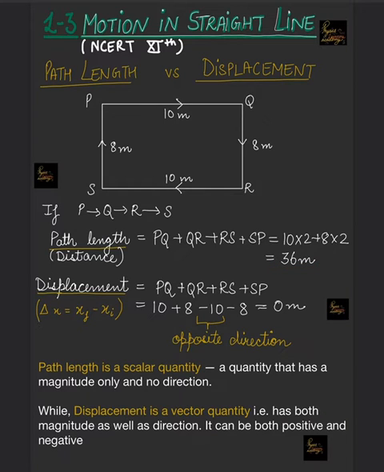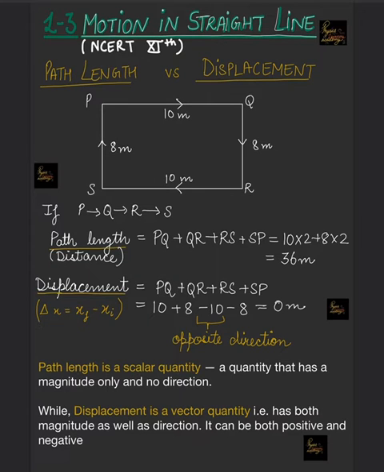Then we go to describe displacement. What exactly is displacement? Mathematically we write it as delta x. Delta means change. Okay, and then x_f, f means final, i means initial, ki x final minus x initial. These are just the position coordinates of final, and this is the initial one. We start from P to Q, then Q to R, again all these things.